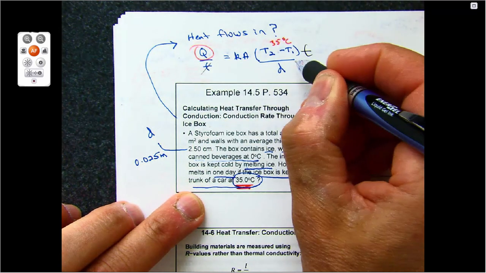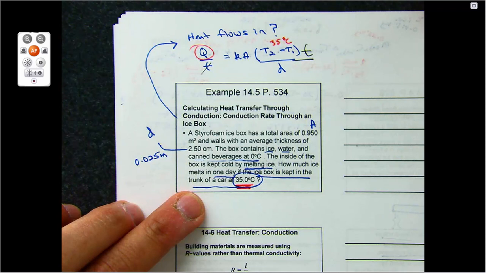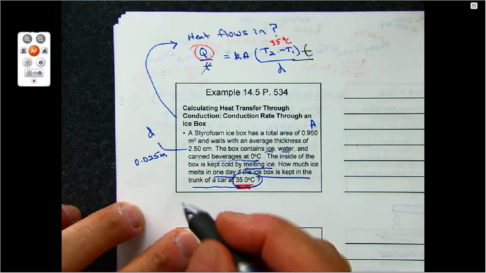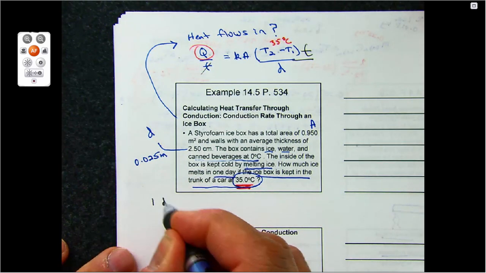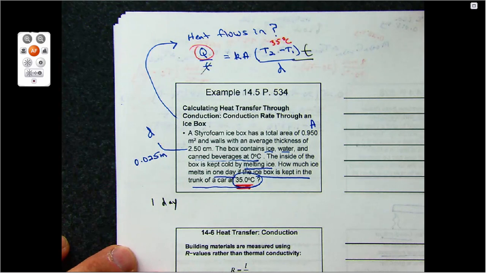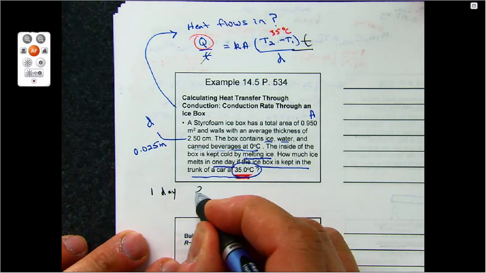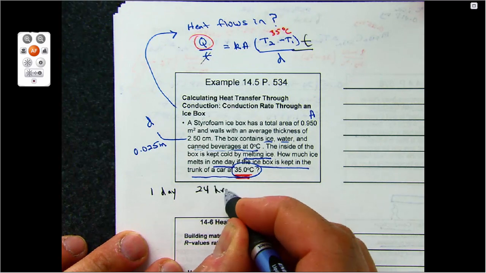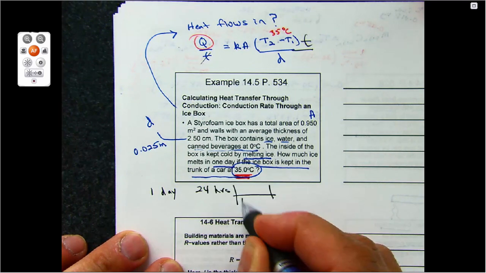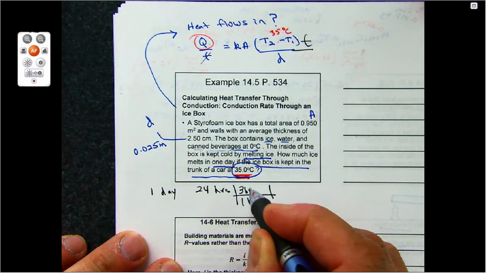Now, here's the problem, though. A day. 24 hours. We got 1 day here, correct? 1 day, how many seconds? 24 hours. 1 hour, 3,600 seconds.